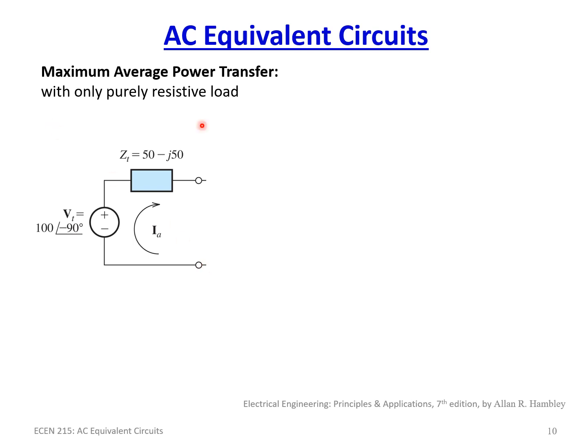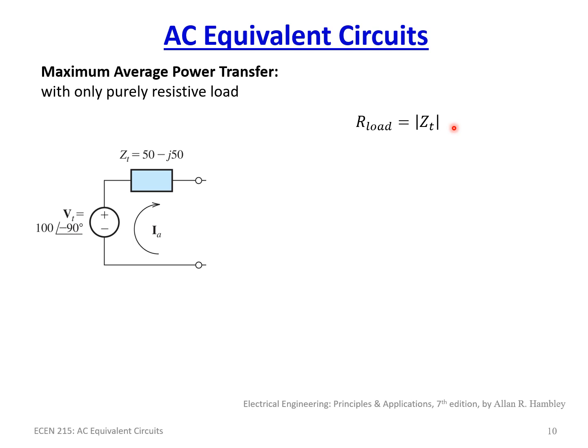The maximum average power transfer with only a resistive load occurs when R load is equal to the magnitude of ZT. Again, magnitude. So we have 50 minus j50.